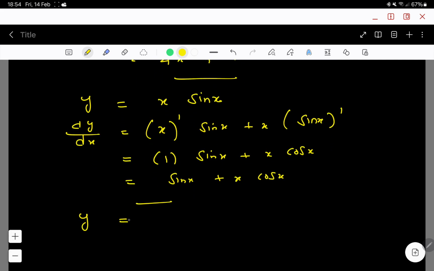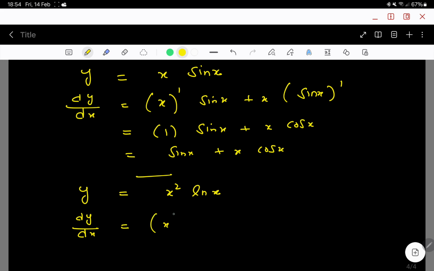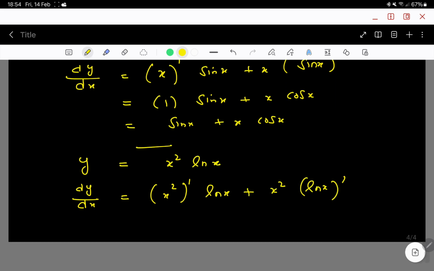Okay, similarly y is equal to x square ln x. So in this problem take f of x as x square and g of x as ln x. This is a basic simple problem. Now differentiate x square first, dash ln x plus write x square, differentiate ln x.